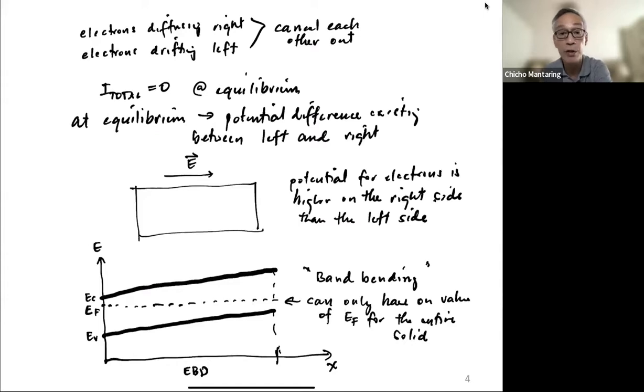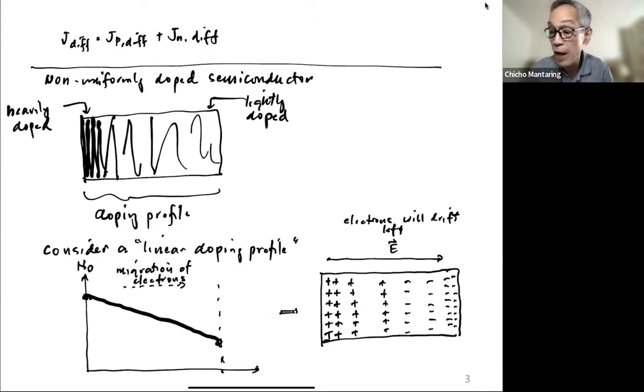That's the definition of your Fermi level, or if you recall your Fermi function. If you don't remember the Fermi function, please review the material from 1. So this is how your energy band diagram is going to look along the X direction if you have a non-uniformly doped semiconductor.